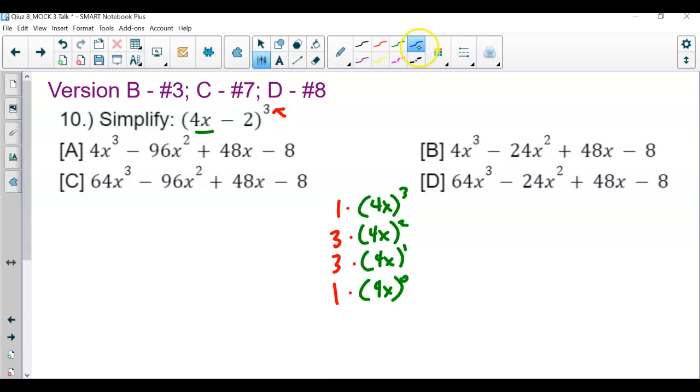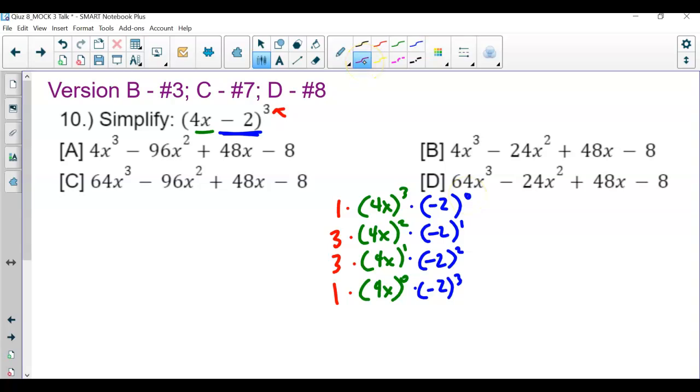Then the second term is negative 2. So here I'm going to keep it all together in parentheses again, negative 2. And remember now with the exponent, count up, 3, 2, 1, 0.